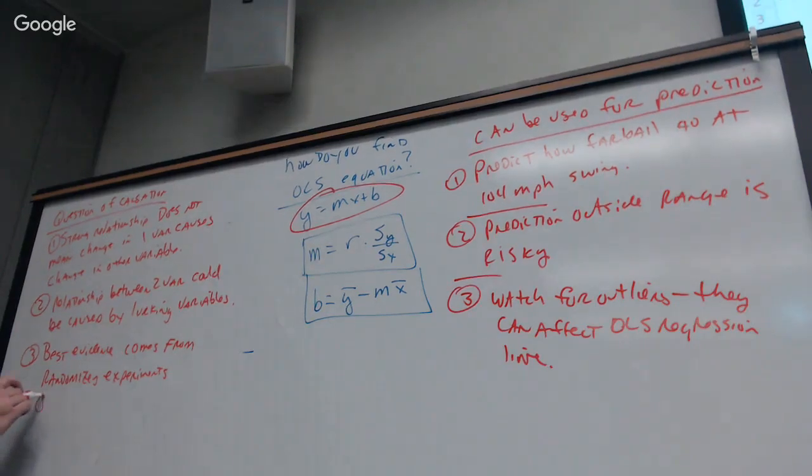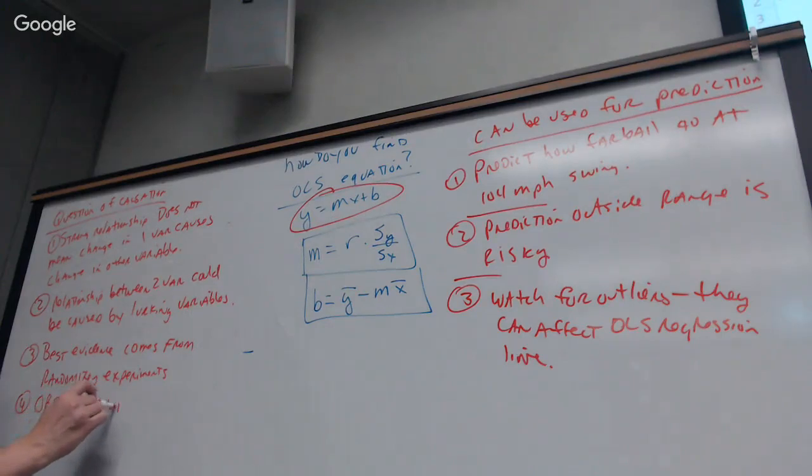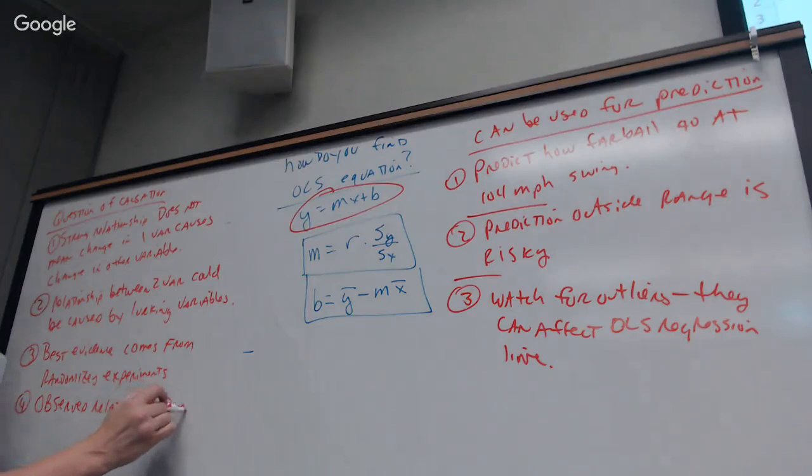Number four, the observed relationship could be due to A, direct cause, B, common response, or C, confounding.